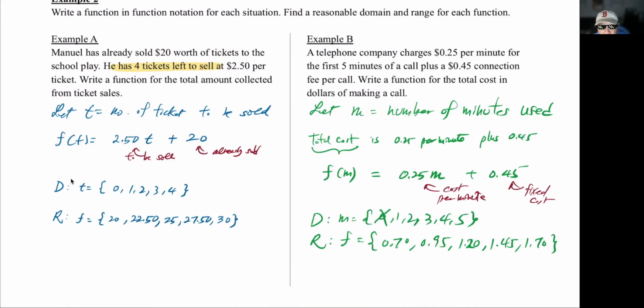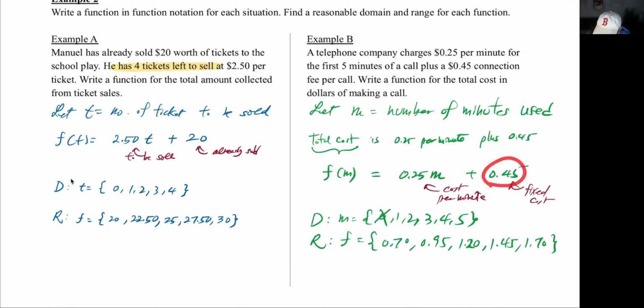Let M be the number of minutes used, and total cost is F of M, the function based on M. That's 25 cents per minute, so 25 cents times the number of minutes plus 45 cents.